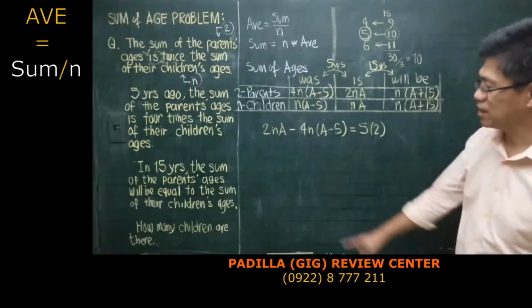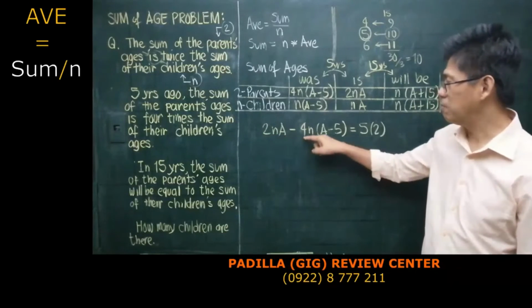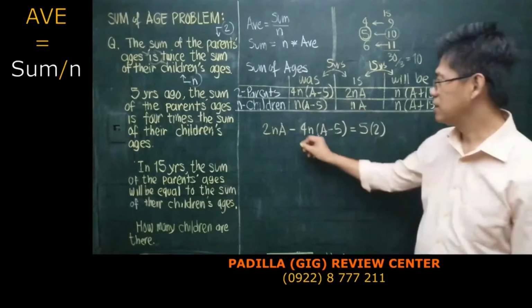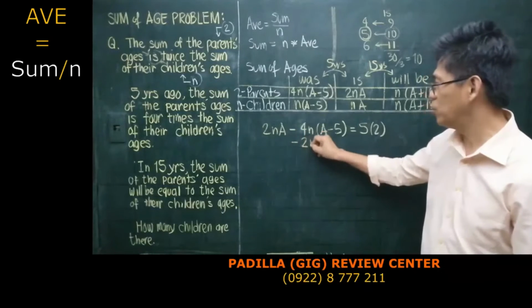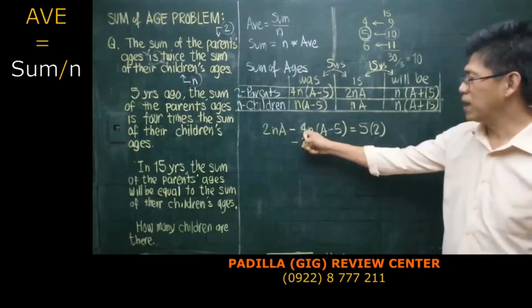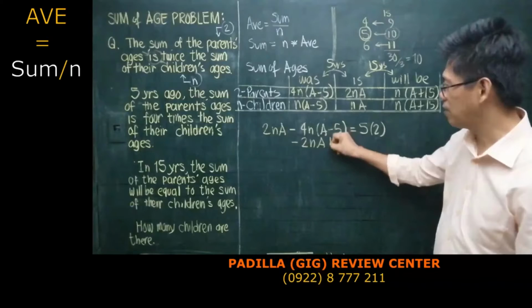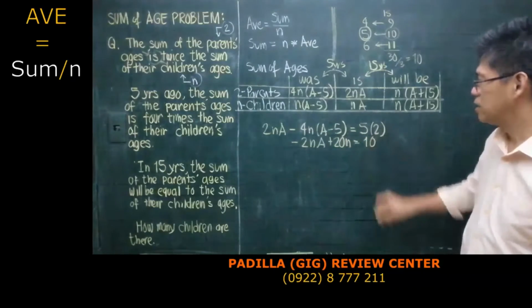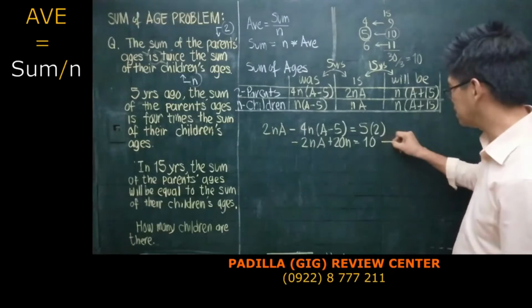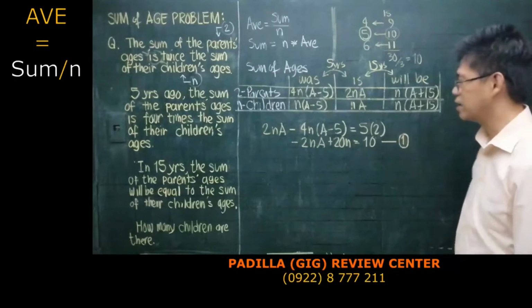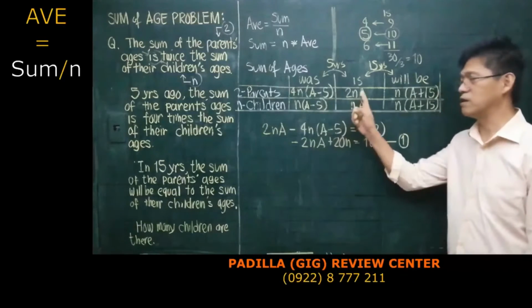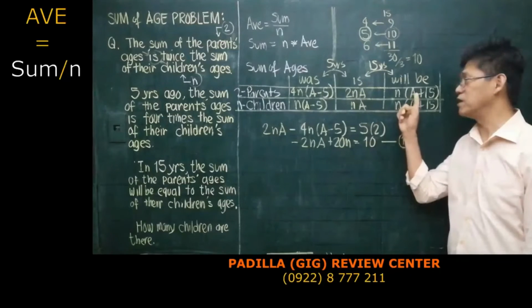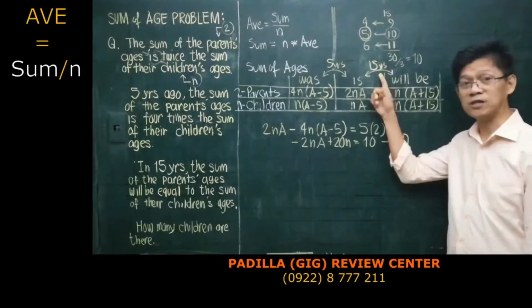So, simplifying this, 2nA minus 4nA, that would be minus 2nA, minus 4n times minus 5, this would be plus 20n, is equal to 10. This is equation 1. Let me consider present to 15 years from now. 15 years.